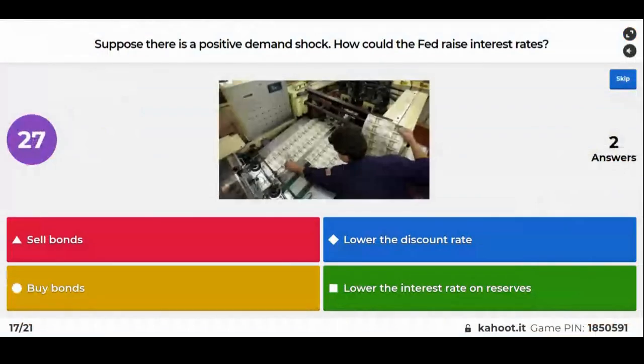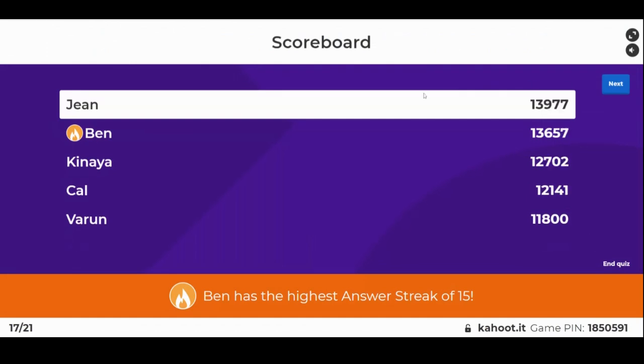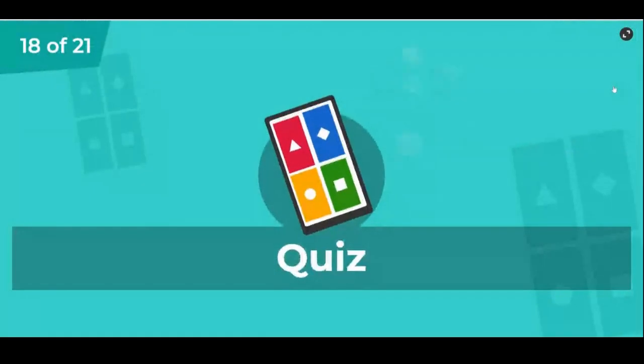Should they sell bonds, buy bonds, lower the discount rates, or lower the interest rate on reserves? Which of these will achieve the desired goal? They should sell bonds, that's right. Lowering the quantity of reserves would raise the federal funds rate.